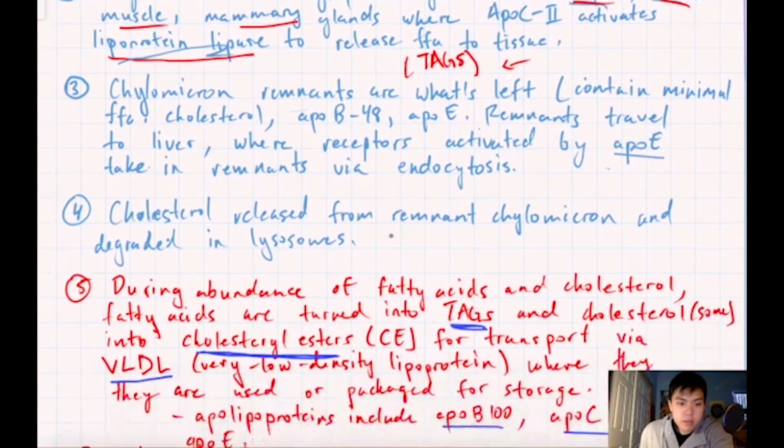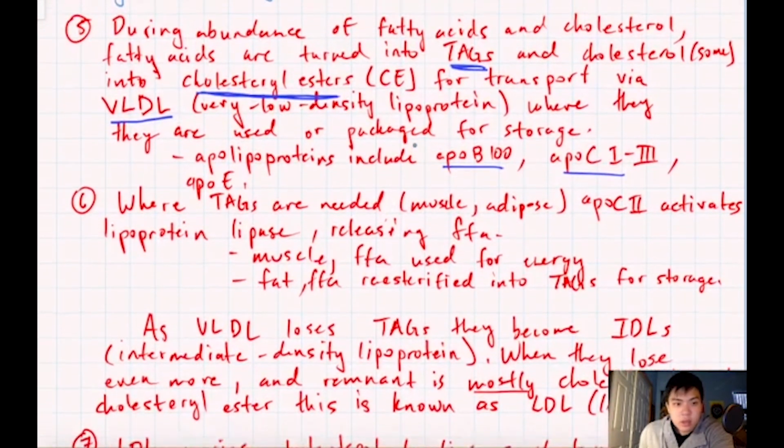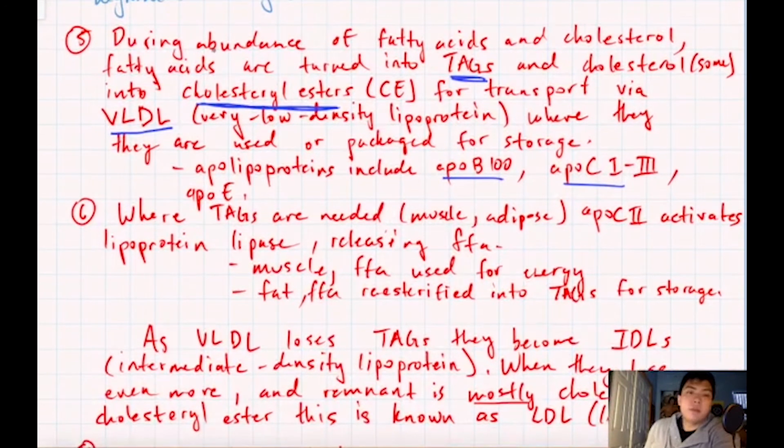So yeah, let's talk about step 5, and this is the first step of endogenous pathway. So now your liver has a bunch of fatty acid and cholesterol, and let's say, for example, it has an abundance of it. So to mobilize your fatty acid that's in your liver, we're going to have to make them into TAGs.